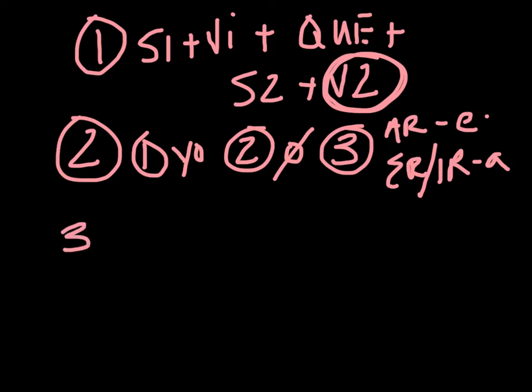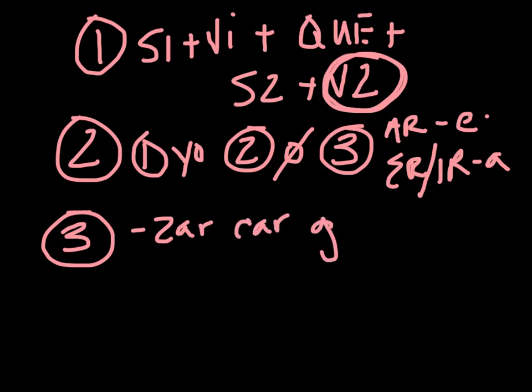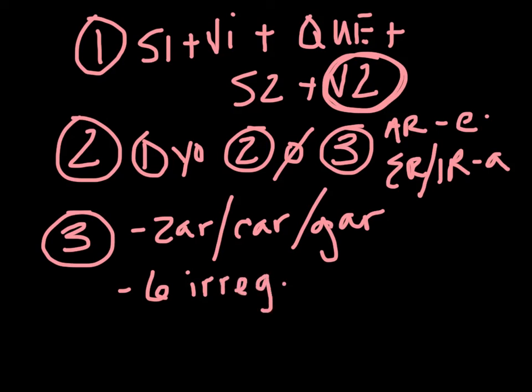Third, we need to remember that we have different categories of irregular verbs. We have zar, car, gar. We have the 6 special verbs: vaya, haya, sea, sepa, dé, esté.